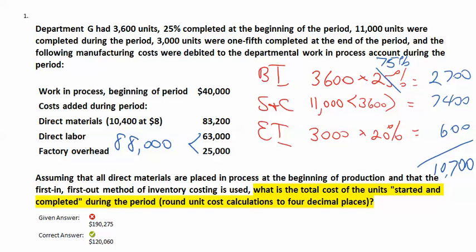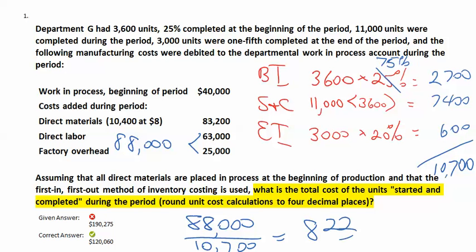So my conversion costs of 88,000, I'm going to divide that by the equivalent units of conversion. And I get, looks like $8.22. But it says round to 4 decimal places, so it'd be 8.2243. That's the calculation.